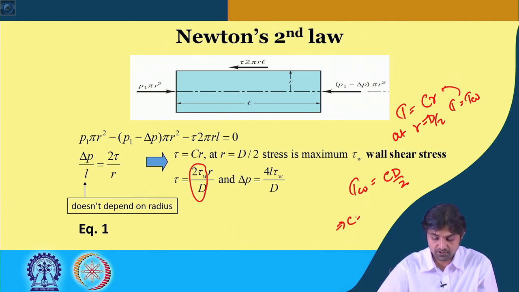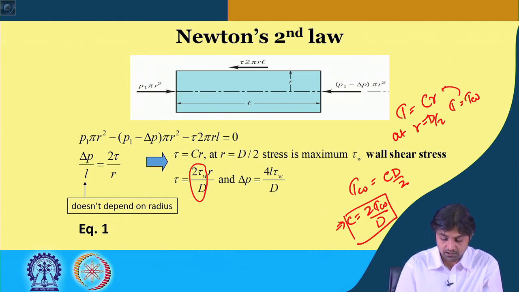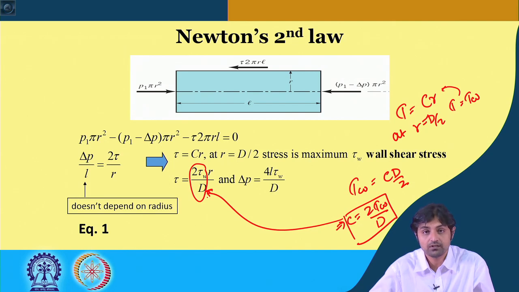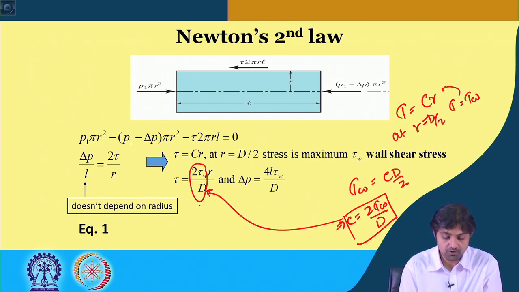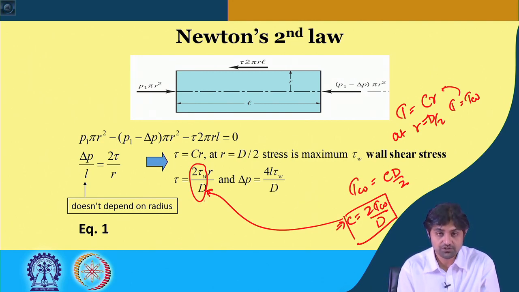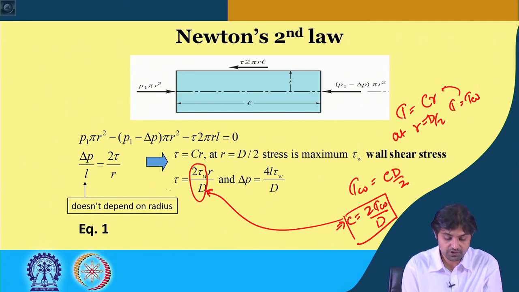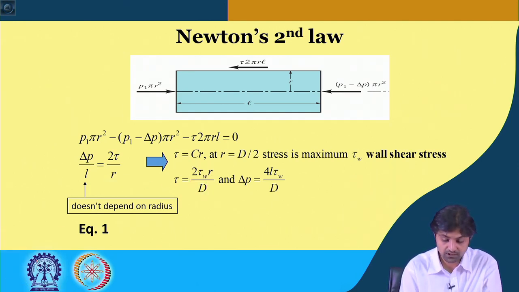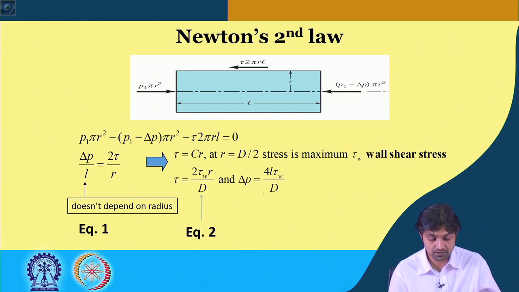All right, so C becomes 2 tau W by D, and this is what has been substituted here. All right. So we get tau as a function of the wall shear stress, 2 tau W by D into r. So now we have obtained tau in terms of wall shear stress. Therefore, using this particular equation, we have obtained delta P. So these are some of the important results to remember.